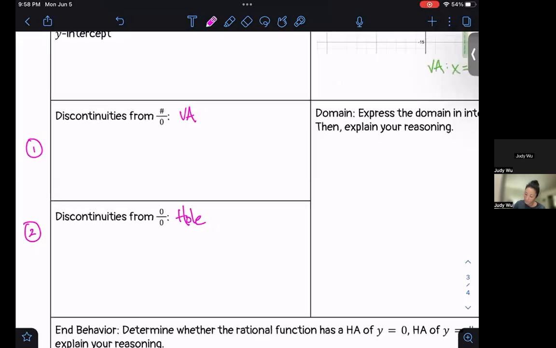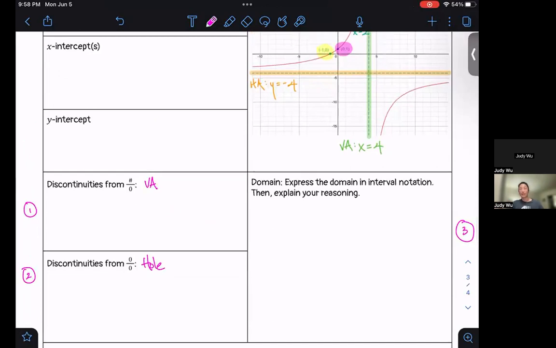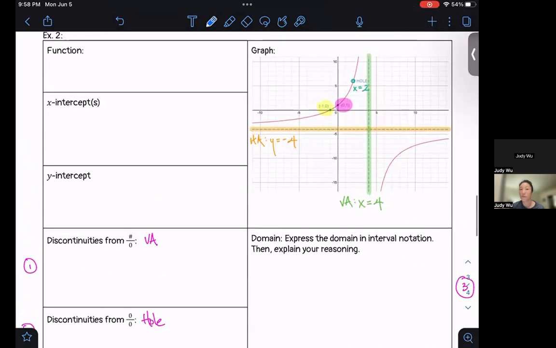And because the discontinuities impact the domain, I'm going to suggest we actually go to the domain next and list all of those values. Okay. So let's start here for right now, and then we'll come back and see what we're going to do next. Okay. So I notice that there's a vertical asymptote at x equals 4.